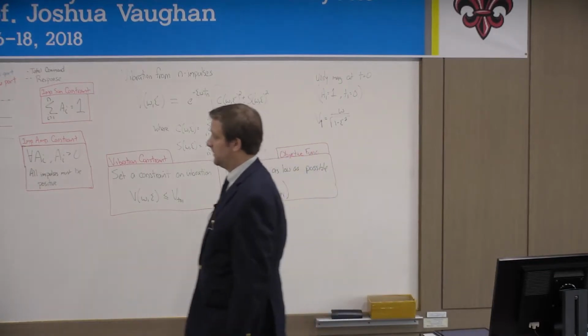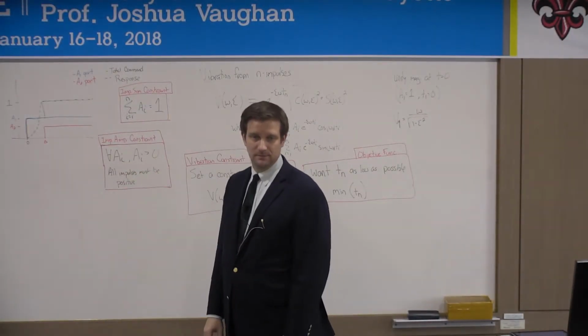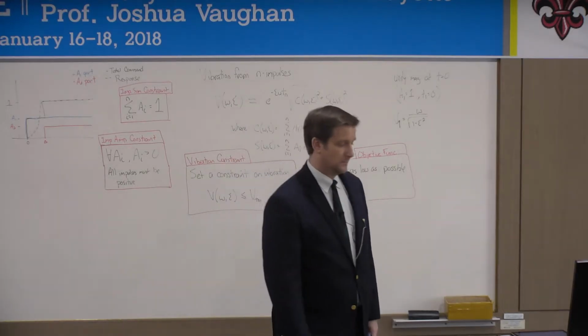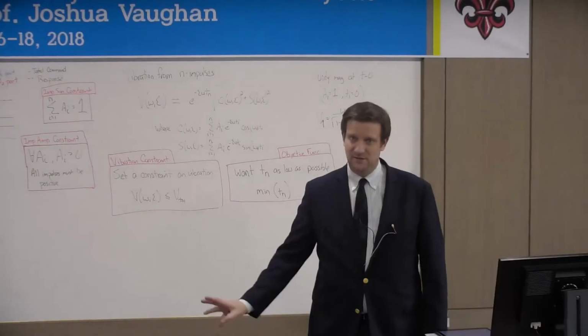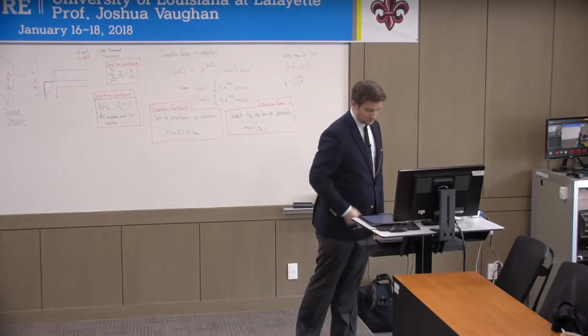In this case, I'm going to say for all my impulses Ai has to be greater than 0. Okay? All the impulses have to be positive. That's where we're going to start. We can relax this a little bit later, but let's start there.